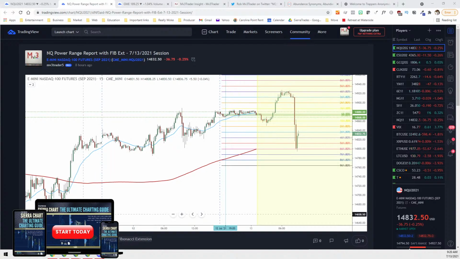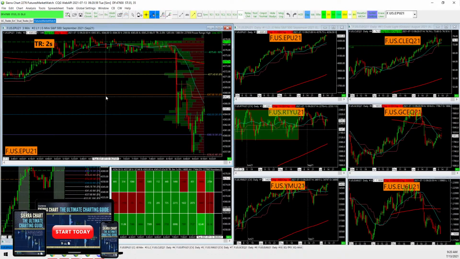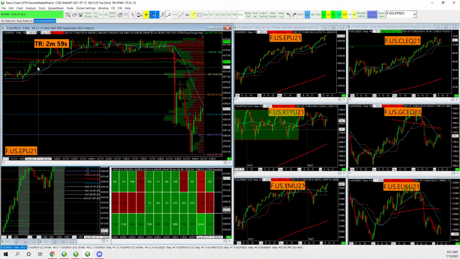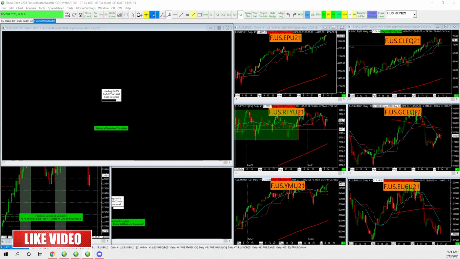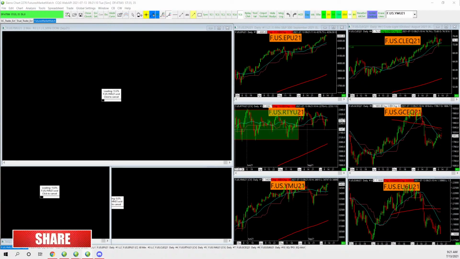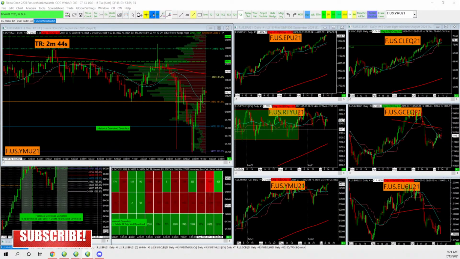Let's take a quick look at the rest of the market, get the futures market pulse. So we're seeing the same thing with the S&P, with ES and RTY.